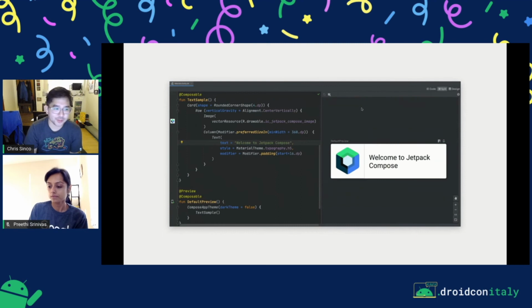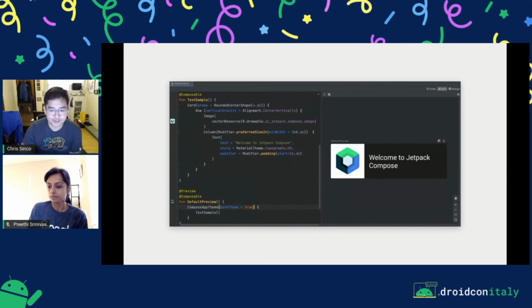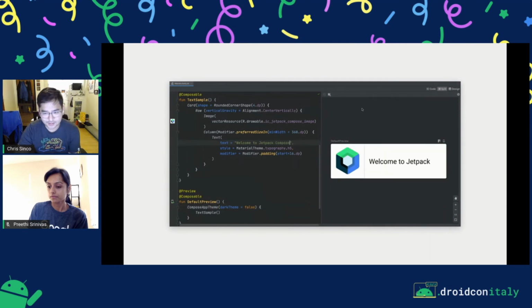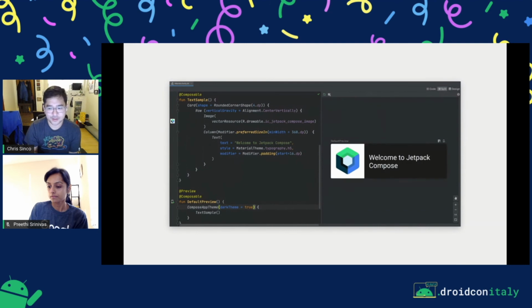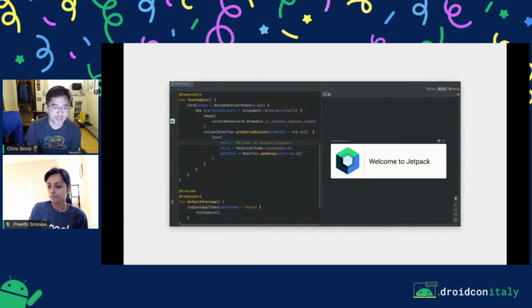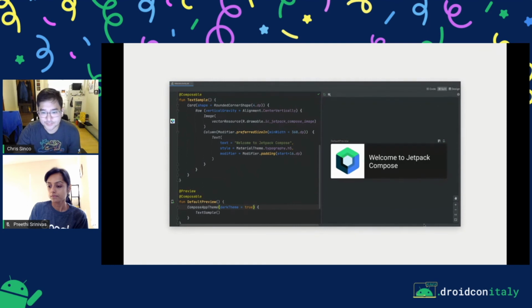And so with Compose, we wanted to keep leaning into that and make the code the big driver of how you build the UI, not the mouse. So in some sense, taking that code as canvas idea and this preview annotation, you get a sort of UI REPL environment in Android Studio where we give you a lot of speed and flexibility as you iterate and experiment and learn through Compose. And then that reinforces itself as we go further.